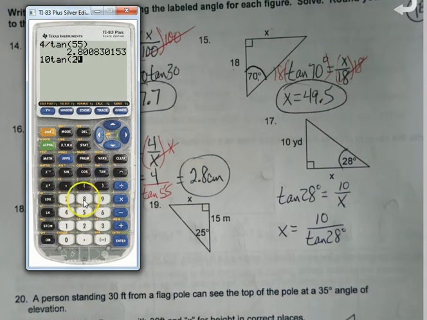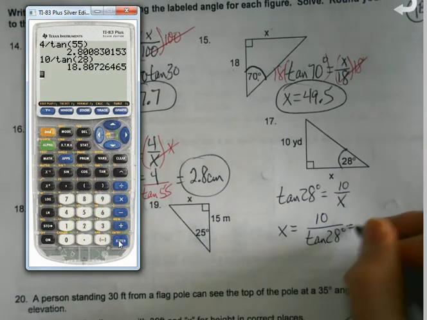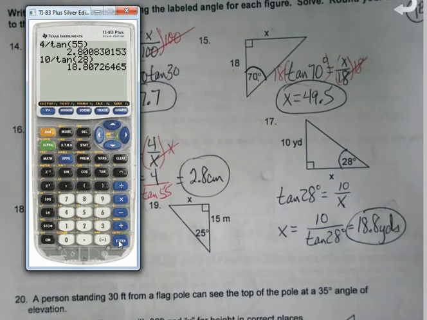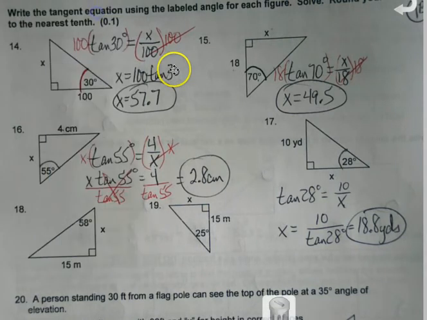But no matter what, if we get it into the right setup, whoops, helps if I get the divide symbol in there. There we go. Much better. So that's basically what we're doing whenever we're trying to solve for a particular side with tangent.